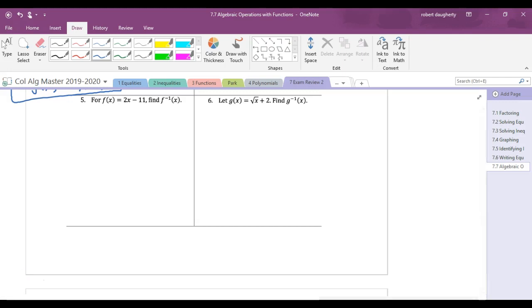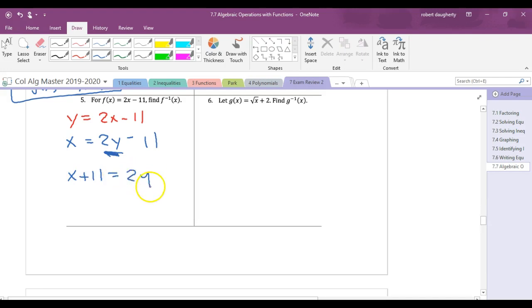Okay, finding inverses. Remember, just rewrite this as y equals 2x minus 11. Switch the role of x and y, and then solve for y. So this is going to be x plus 11 equals 2y.